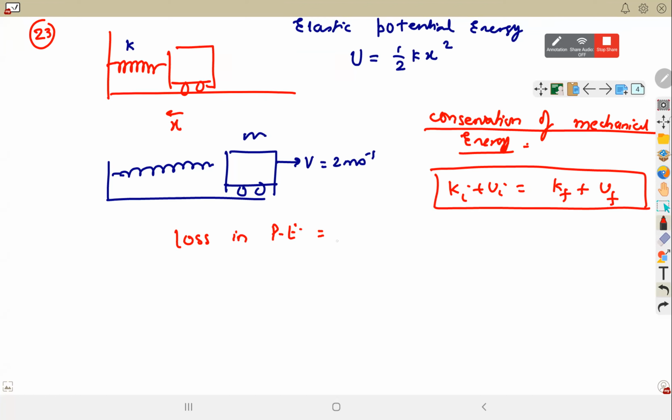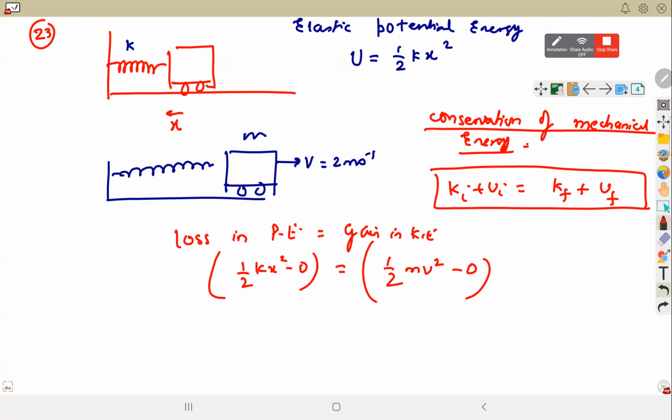Initially potential energy is half kx square, finally it is 0. Gain in kinetic energy, finally it is half mv square, initially it is 0. So half kx square will be equal to half, mass is 0.5 and the speed is 2 square. So that becomes 1 joule.